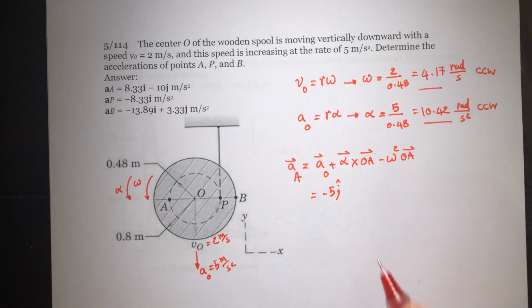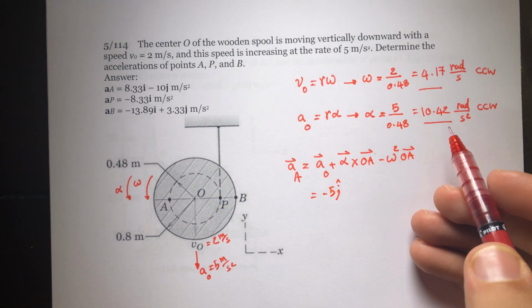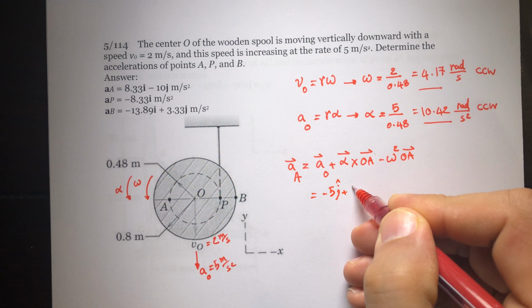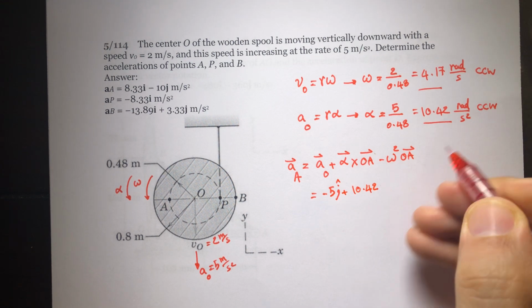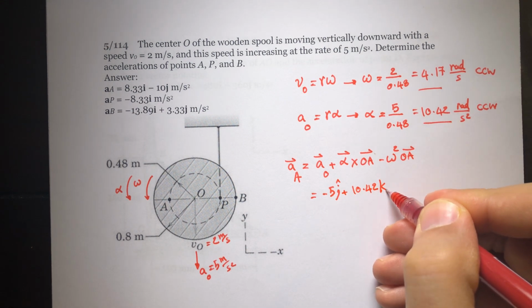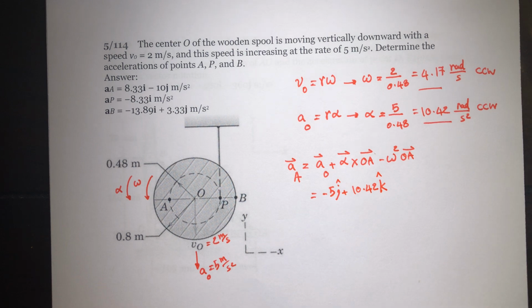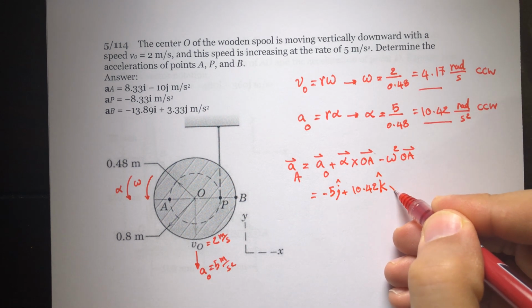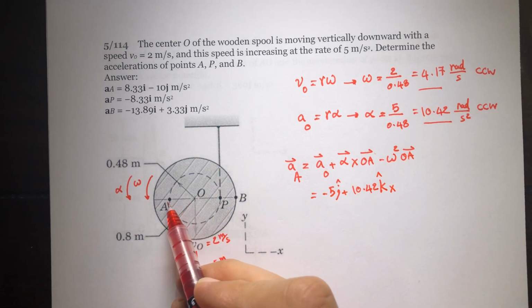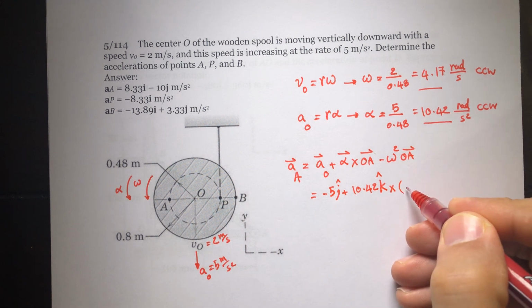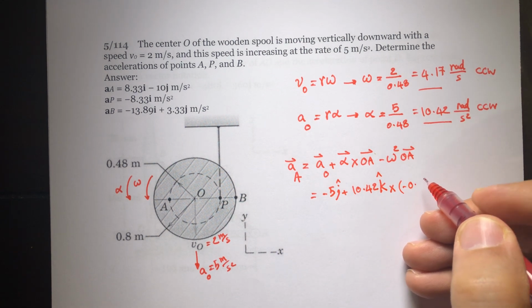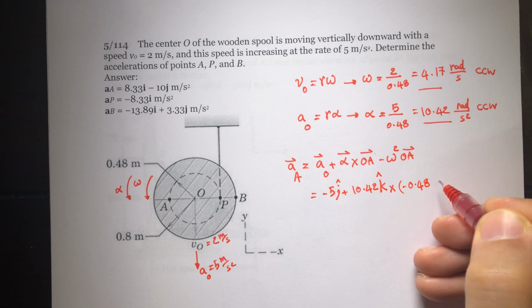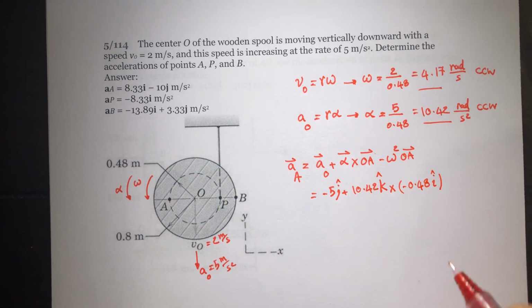Alpha, we found it to be 10.42. It is in counterclockwise direction, so positive k hat, cross OA, and OA is negative 0.48 in the i direction.